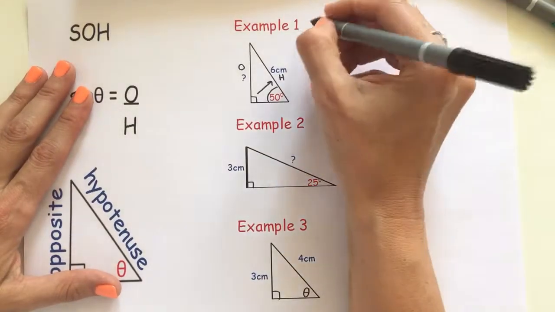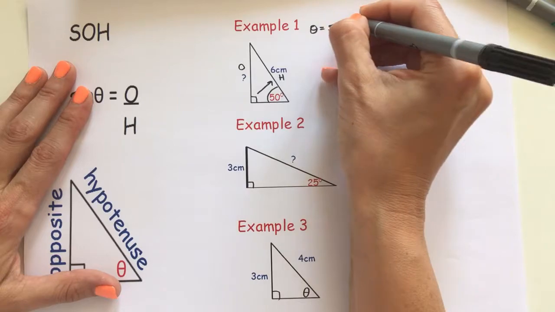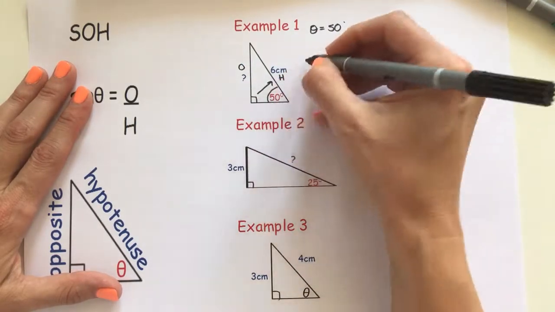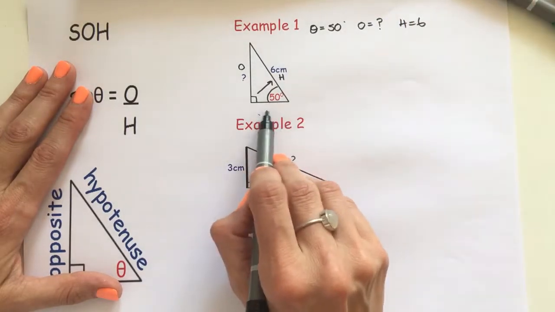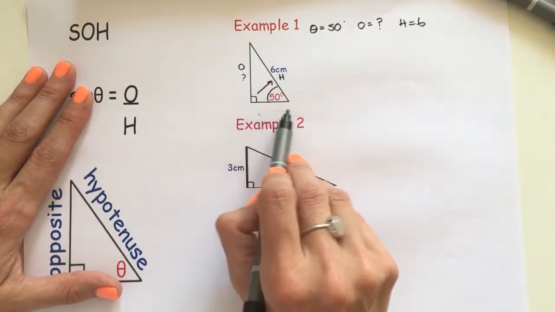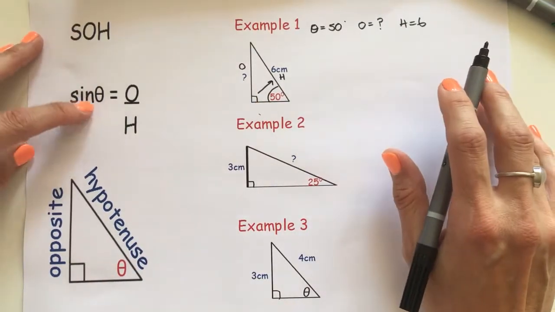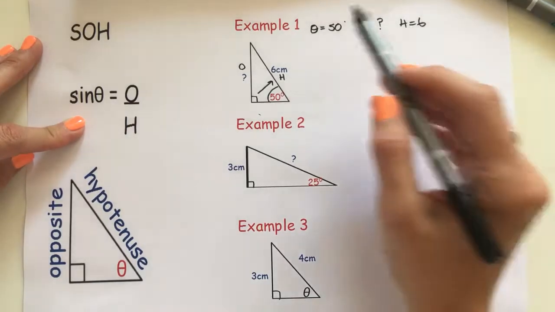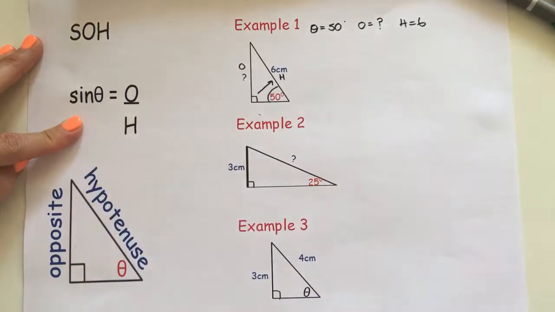I'm going to write out what I've got: theta is 50 degrees, O is what I need, and H is 6. There is no reference to the adjacent at all in the question, so I'm ignoring it, and that's why we choose sin theta equals O over H, because it involves theta, O and H.